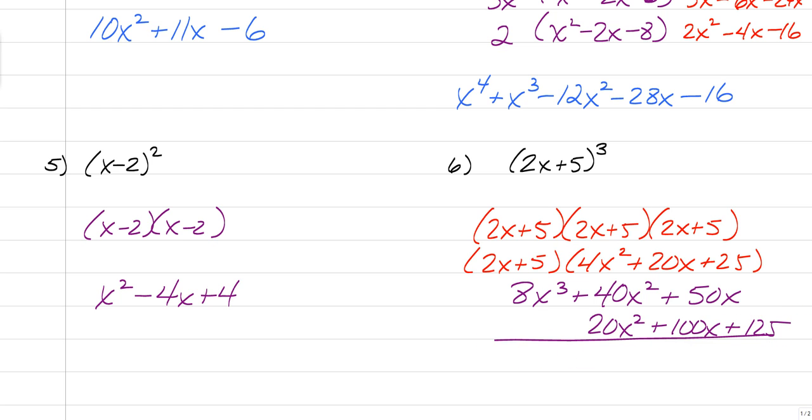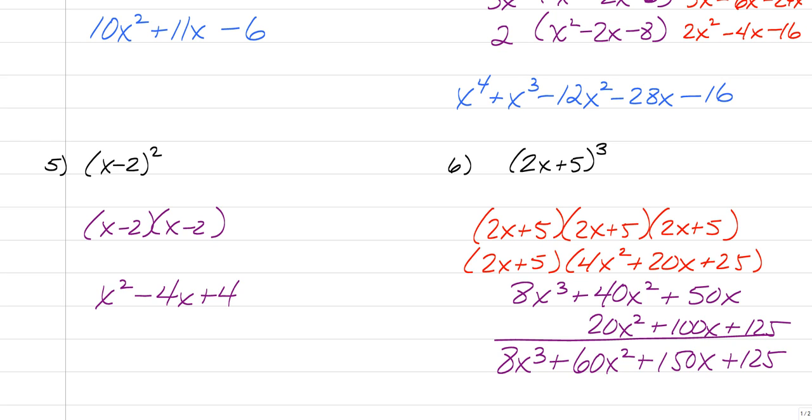Add those or combine all of those, and you end up with 8x cubed plus 60x squared plus 150x plus 125.